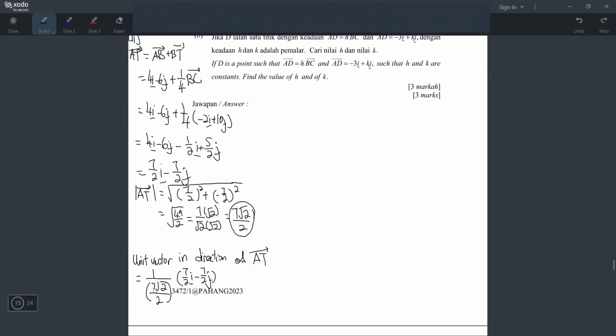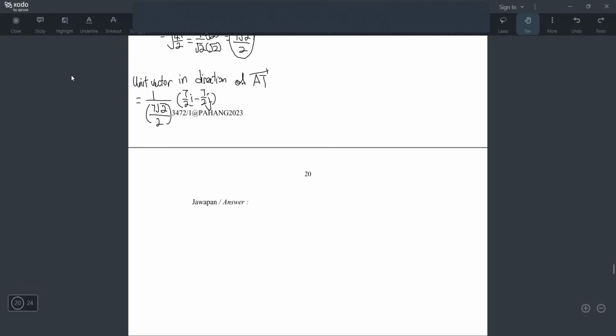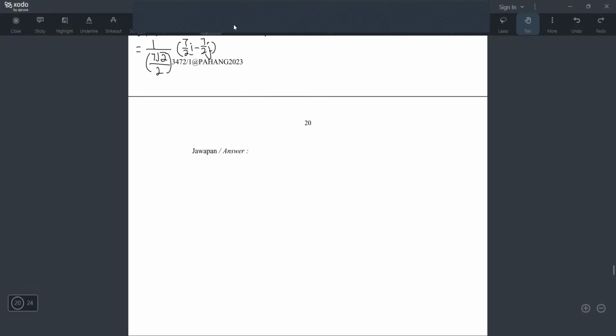Okay, 1 divide 7 square root 2/2, it means 1 times 2/7 square root 2. Do I have space down here? Okay, yes. So now it will become 2/7 square root 2, because 1 divide 7 square root 2/2 means 1 times, you can flip this upside down. So that's why it looks like this. And then don't forget to multiply with 7/2i minus 7/2j.